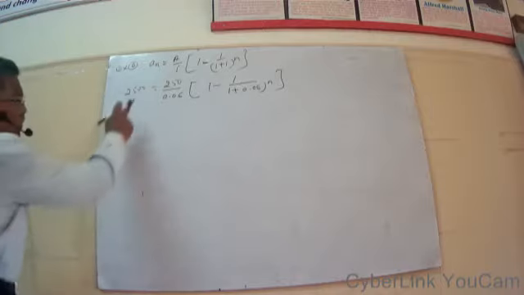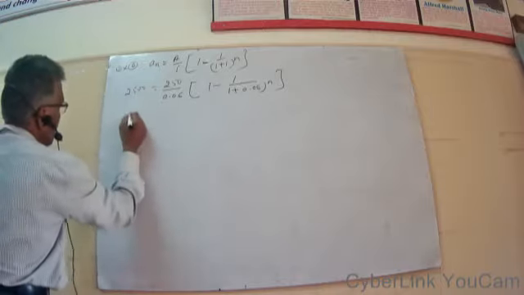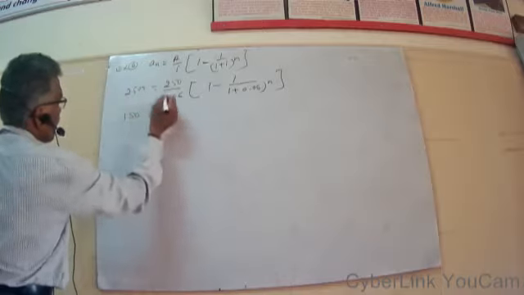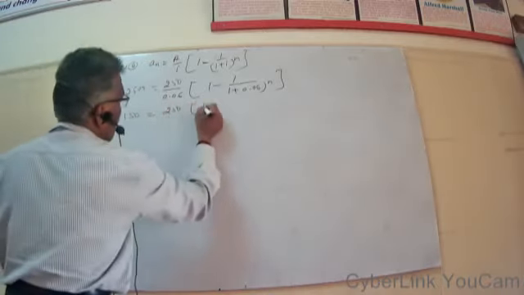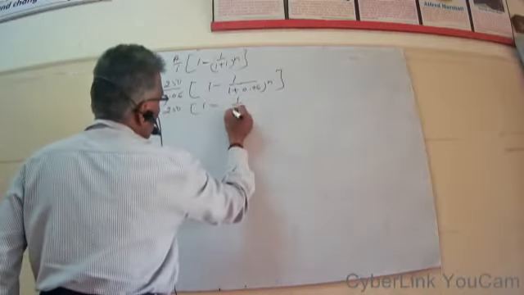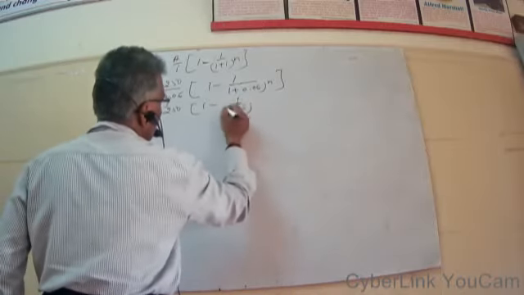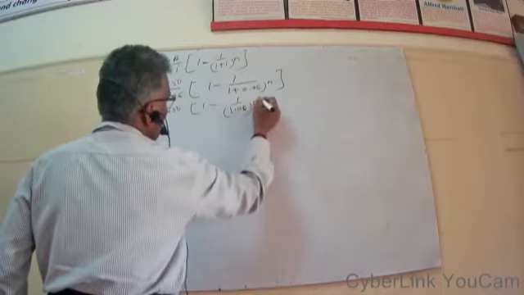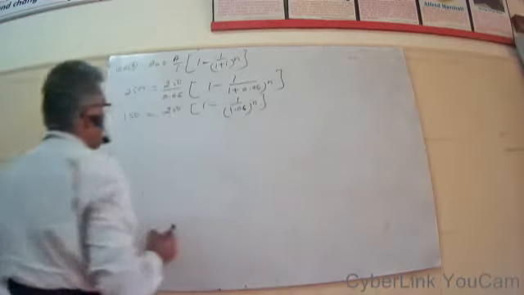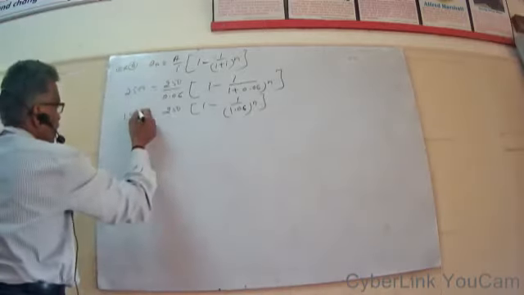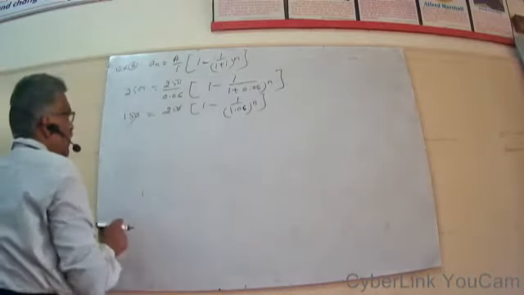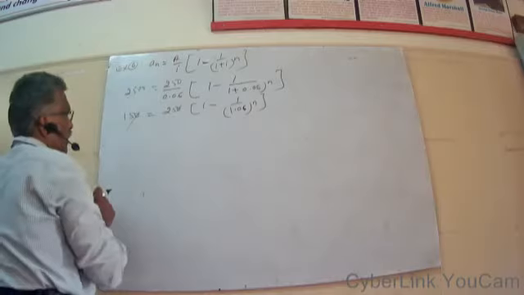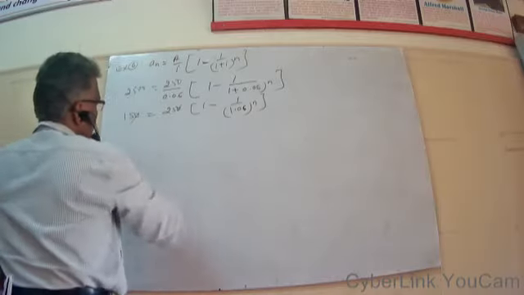So this into this, that is 150, equals 250 into 1 minus 1 upon 1.06 raised to n. So divided by 10, this 0 goes, this 0 goes. So again divided by 25.